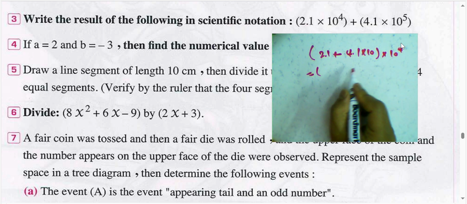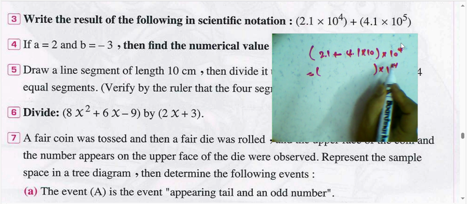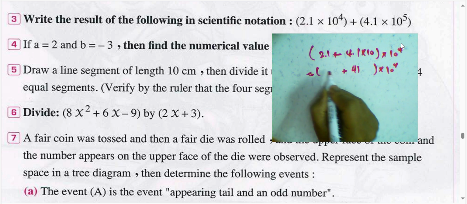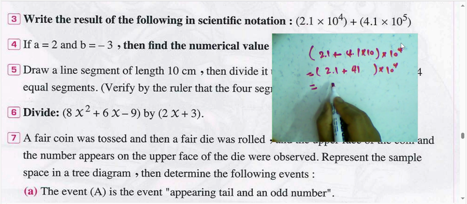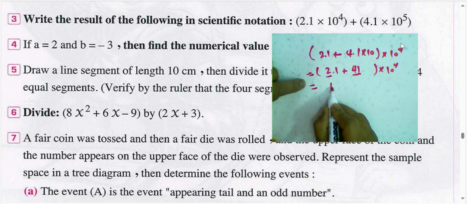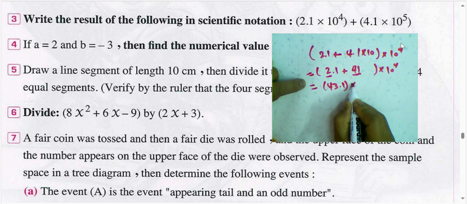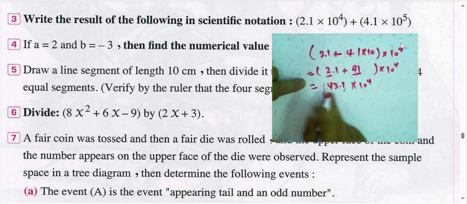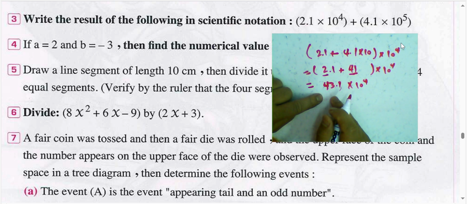And then we can simplify here, using the order of operations. We can find the product first. 4.1 times 10 will be 41, plus 2.1. And then we can add the two numbers together: 41 plus 2 equals 43, and 1/10, times 10 to the power 4. But this number we must convert to scientific notation. Scientific notation tells us the number must be greater than or equal to 1 and less than 10, and this number is greater than 10, so we must move the point to the left by 1 place.